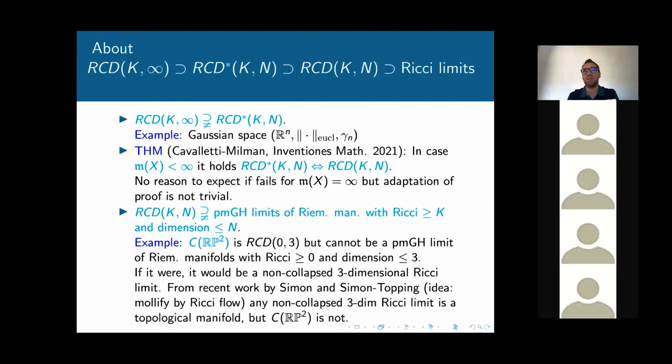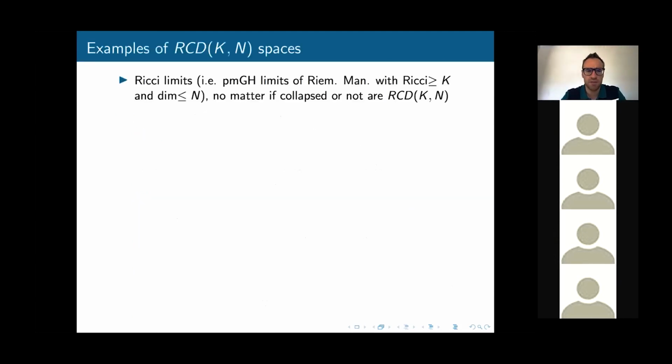The negative side is that if you would like to have a synthetic version of Ricci limits, then this is still a bit too large a setting. But from the point of view of application and of the theory, I think it is just good if you have a good synthetic framework where you can prove as much as you like, and then apply this in the smaller setting if you wish to. Okay, so this is about these inclusions.